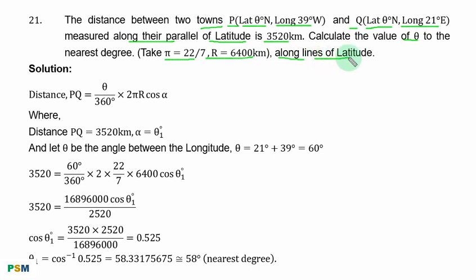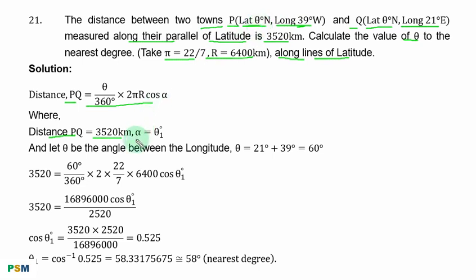Along lines of latitude, that is a small circle. Distance PQ is given by this formula, where distance PQ in the question is equal to 3,520 kilometers. From our usual notation, theta is the angle for longitude, but now you have it to be the angle of latitude. There is no cause for alarm.